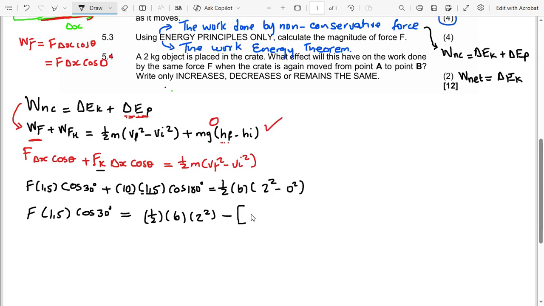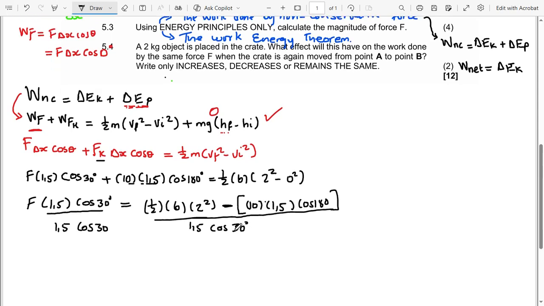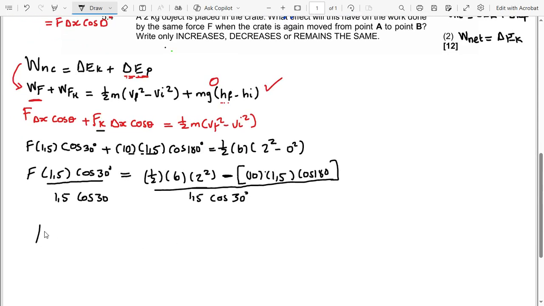So I'm going to put that inside the bracket as 10 into 1.5, the cos of 180. I'm going to put it inside the bracket because then everything there will be negative. Then now I can divide both sides by that 1.5, the cos of 30. Divide everything there by 1.5, the cos of 30. You can also apply the method that you prefer to isolate F. It's up to you which method you prefer.